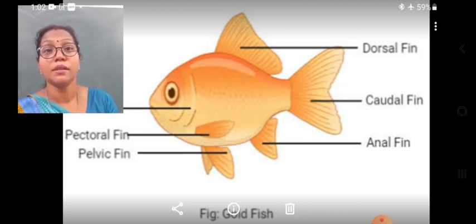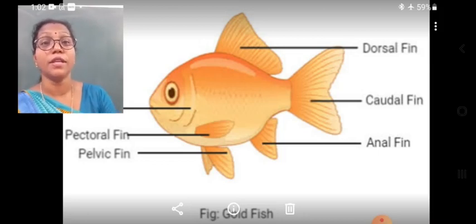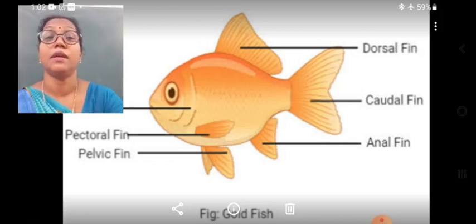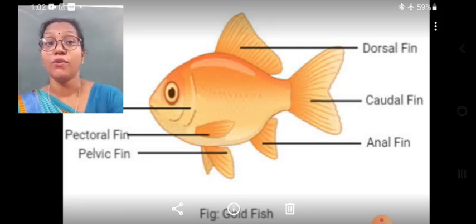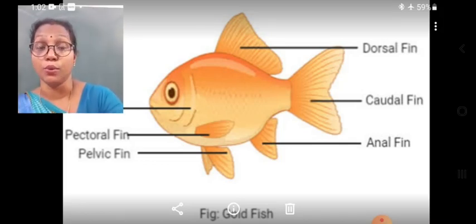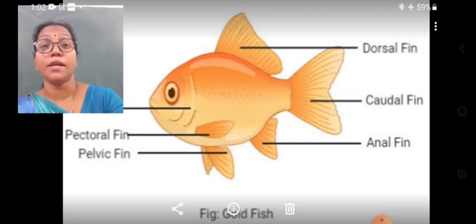Now students, the fins help the fish steady itself, change direction and turn. The fins help the fish to move forward and also to steady itself, that means to stop moving, and also for turning.